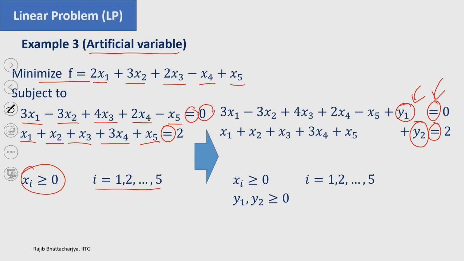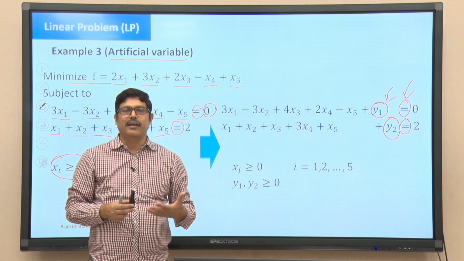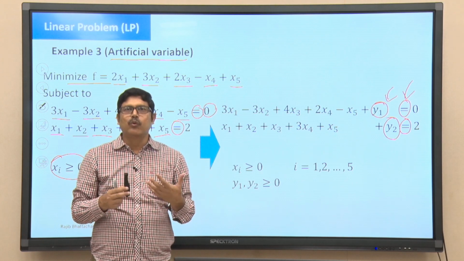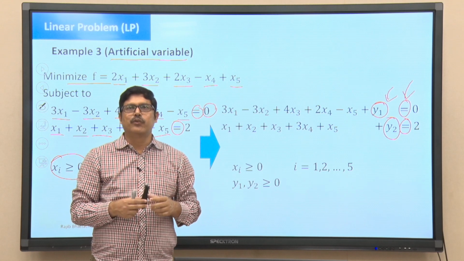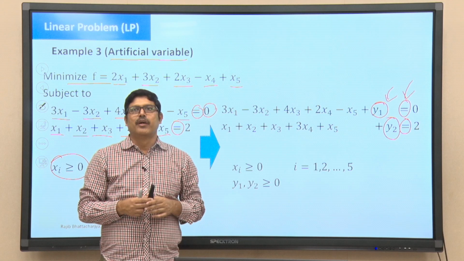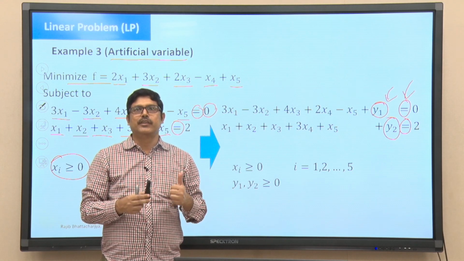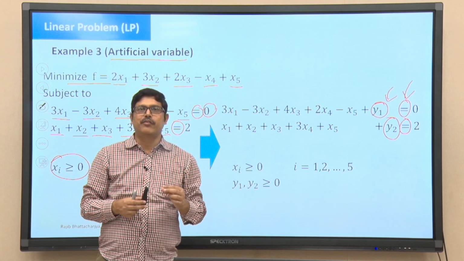So, these two variables have to be eliminated, because I do not want them, as y 1 and y 2 have disturbed the equality conditions. This y 1 and y 2 is known as artificial variable.